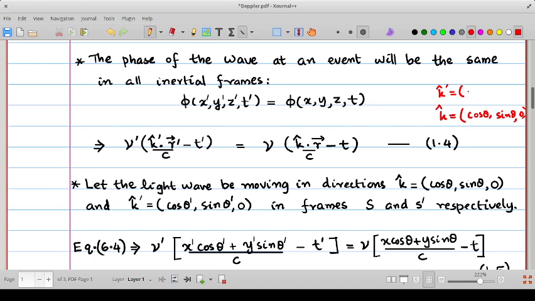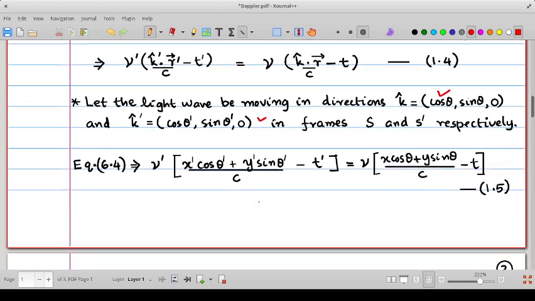Again, the magnitude is 1, so we get cosine theta', sine theta', and since this k' is also in the x'y' plane, the z' component is 0. So we have these two expressions for k and k'.